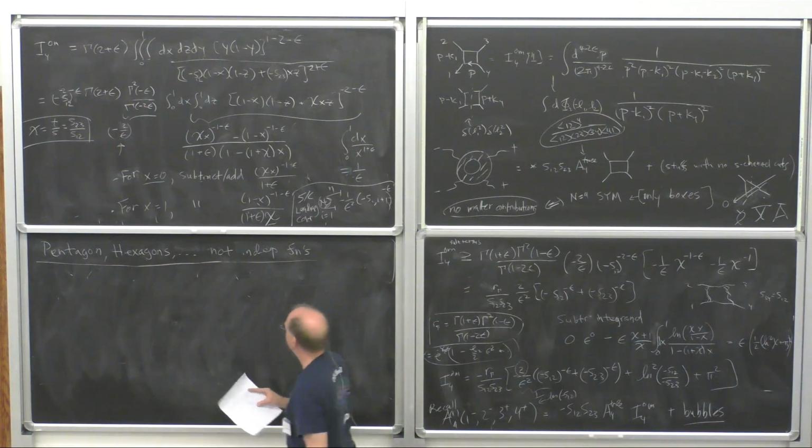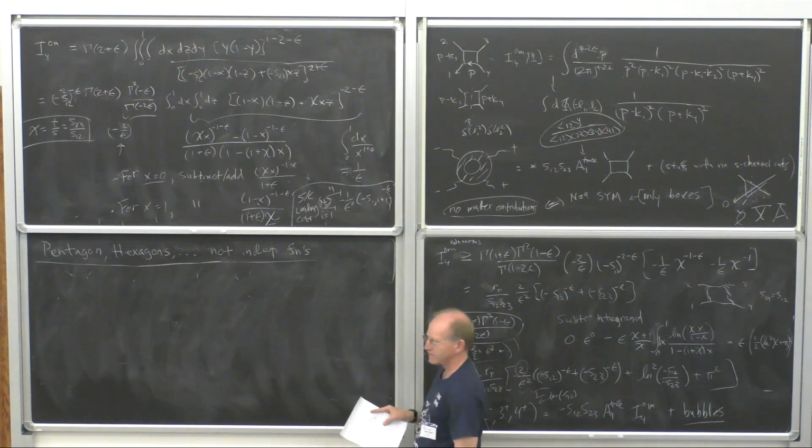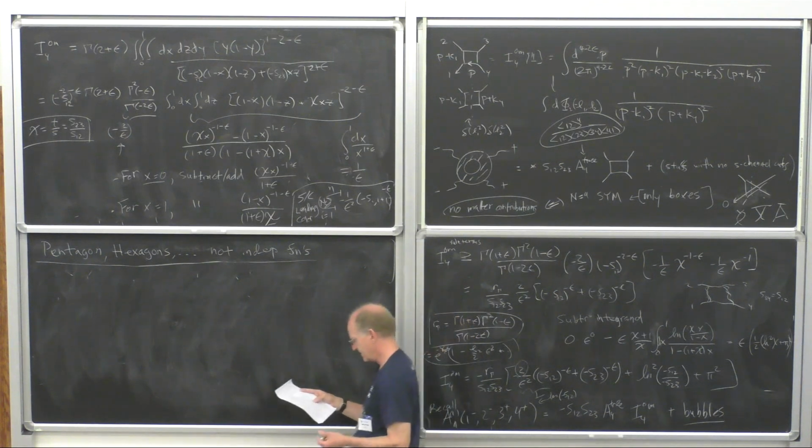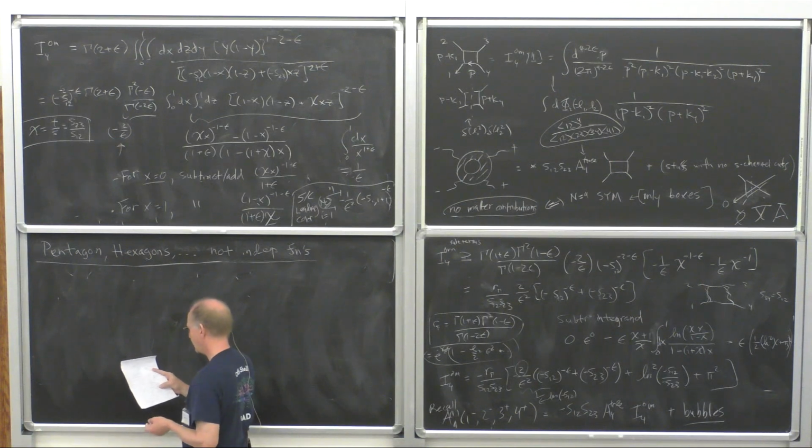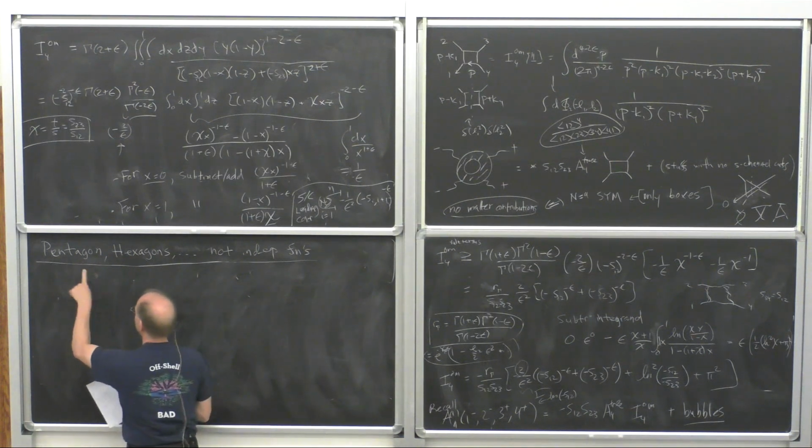So there's a statement that pentagons and hexagons are not really independent of the boxes. And I'm going to just give you a heuristic reason why that should be true.